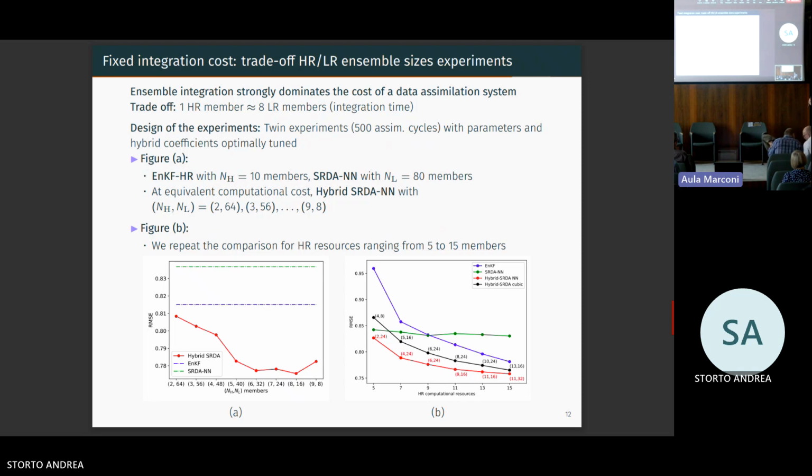Yes, so actually I did not show it here, but we also have an ultra low resolution model, where we have degraded the resolution of the model by 4 times. And we have kind of the same conclusions in the end.